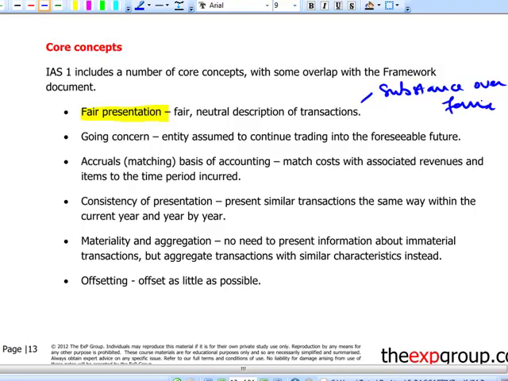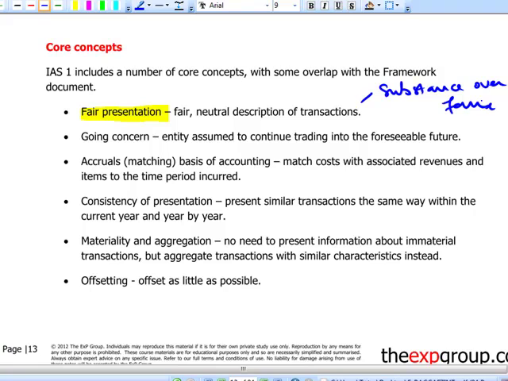And we have to produce a full set of disclosures for all material transactions, so the users will better understand the impact of particular transactions on the financial position and performance of a company. That would be fair and neutral descriptions of the transactions included in the financial statements.